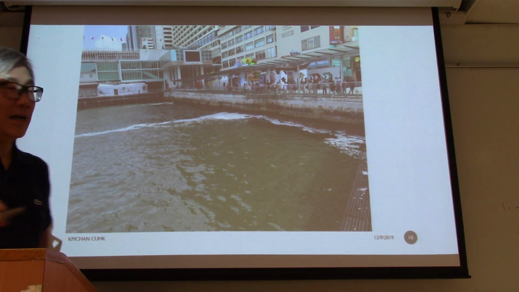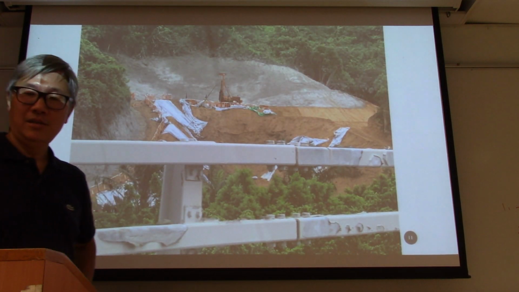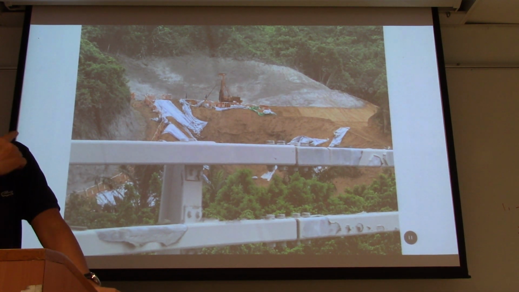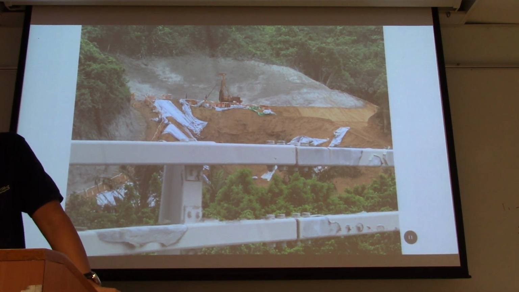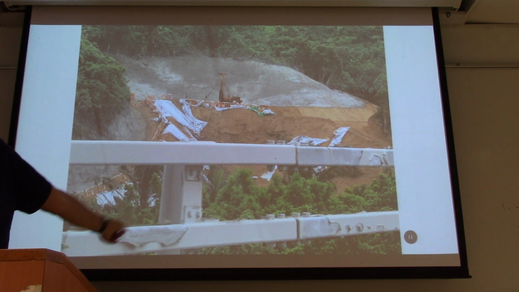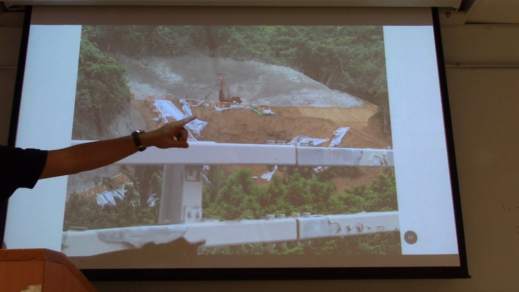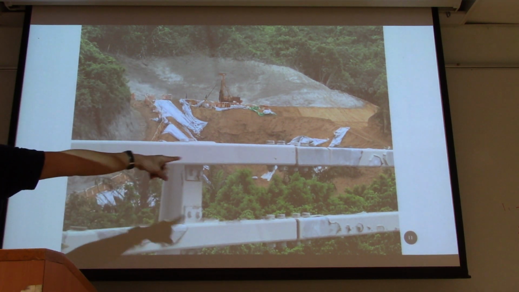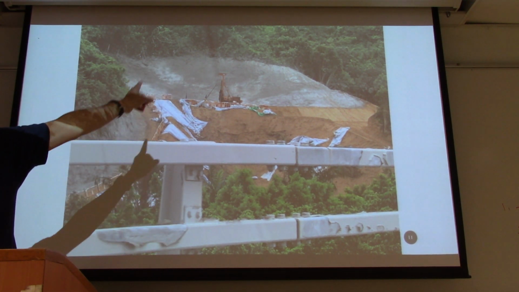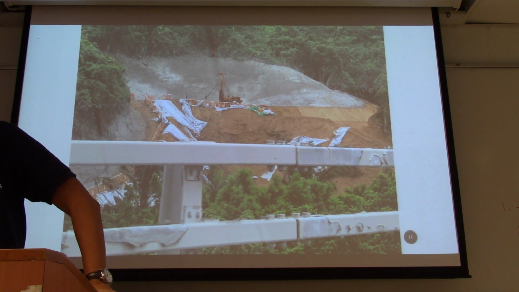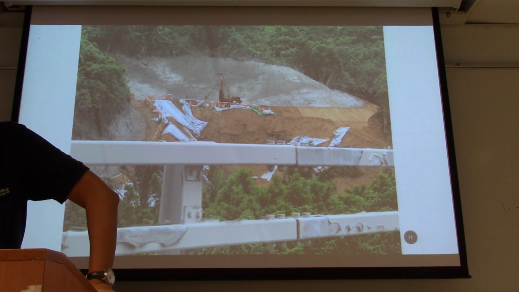And then another example here. That's actually when I got stuck at the university station. I drove in the morning from Ma On Shan to the university. I saw this. They're trying to start a construction site to do sewage treatment works.